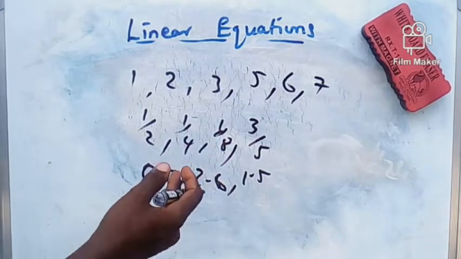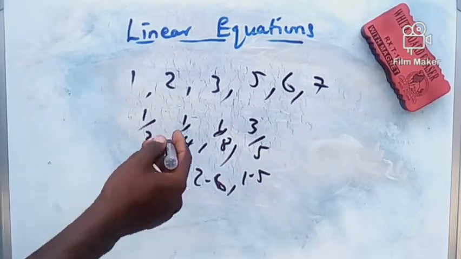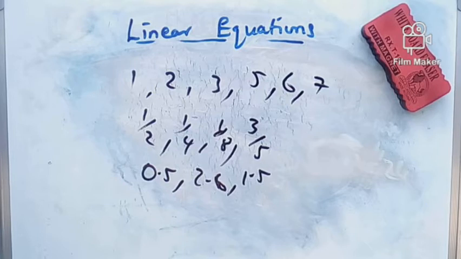These numbers are called constants in algebra. Why are they called constants? Because their values are known and cannot change.